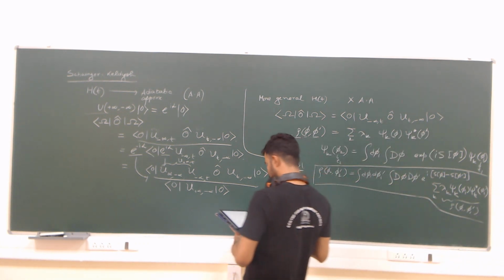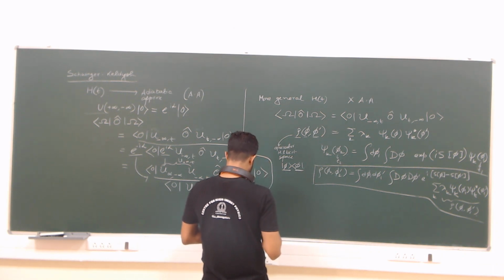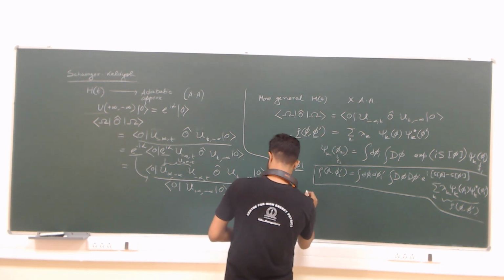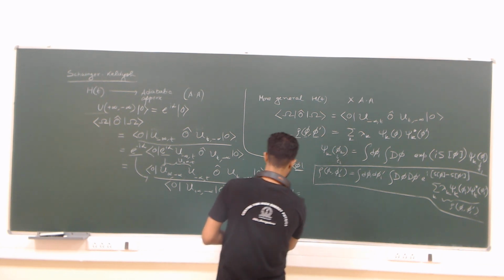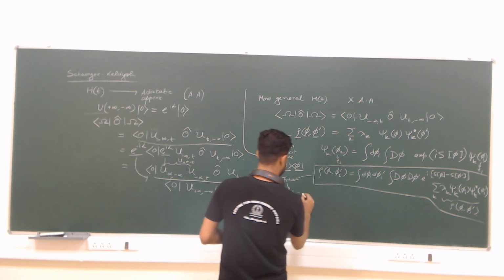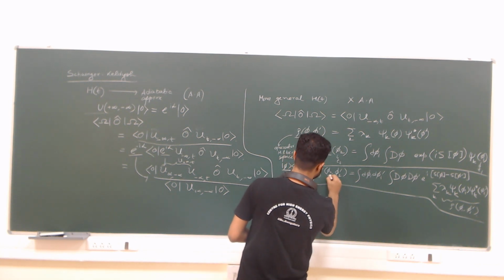If I now take the trace of this density matrix, which will be unity, over the field phi 2.